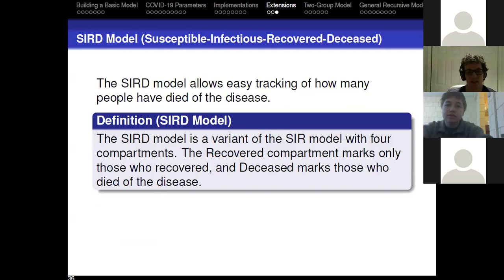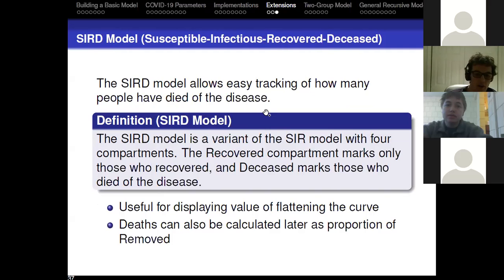Another common extension is SIRD, so susceptible, infectious, recovered, deceased. So remember, R is usually removed, but here we're going to look at R as recovered and D as deceased and separate those out to get a fourth component. So this is helpful because it can show the value of flattening the curve because you can concretely say, look, less people die if this happens versus this.